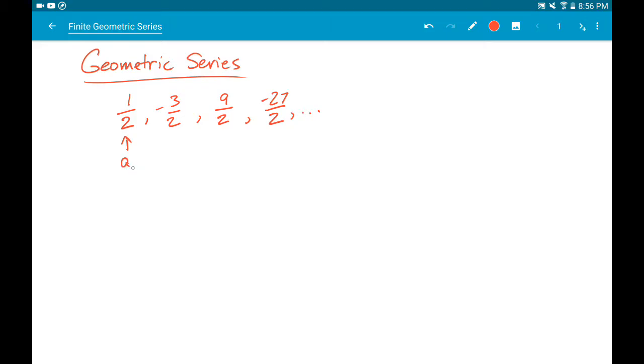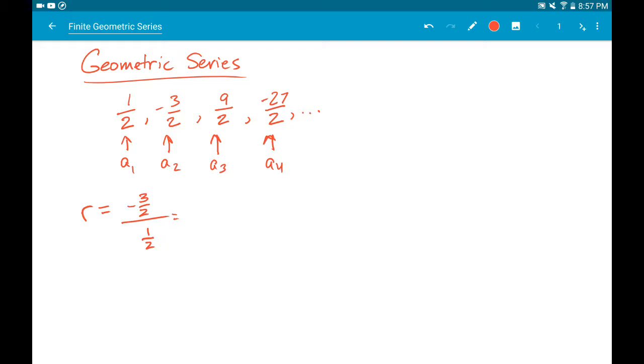Last video we talked about how this is called our first term, our second term, our third term, our fourth term. And then subsequent terms, fifth term, sixth term, we'd have to find by finding the pattern. Quickly as a review, we can find what's called the common ratio by taking the ratio of two consecutive terms.